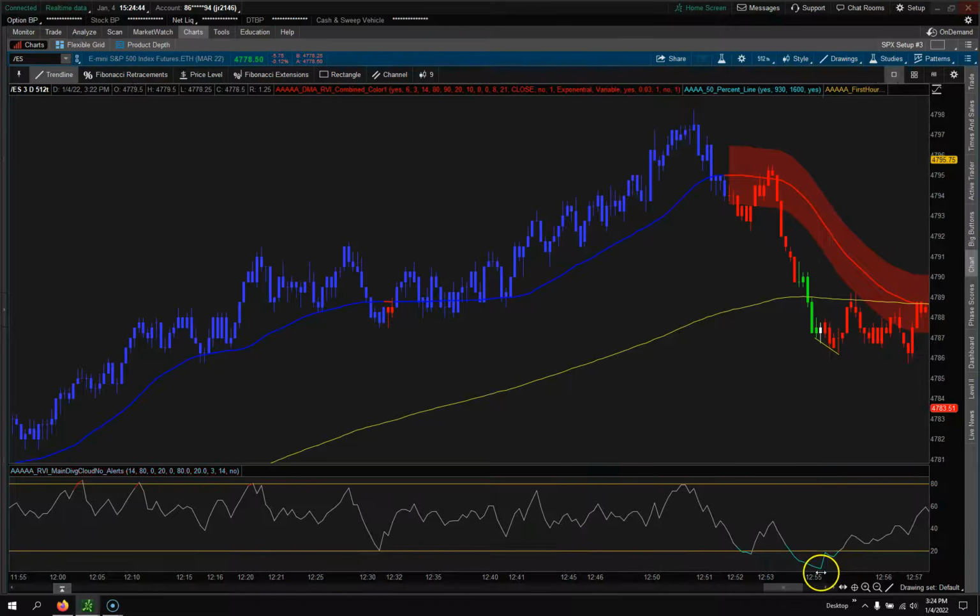Here's our lower low there, and here's our higher low here. So this is a great chart for trading divergences and looking for potential reversal candles. You have to be patient on this chart for things to set up.